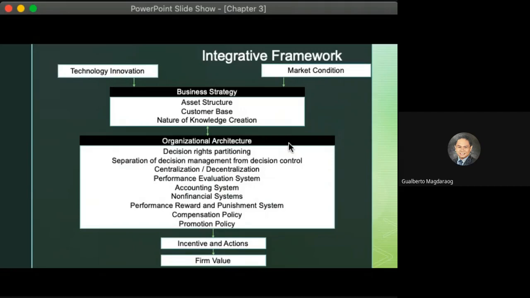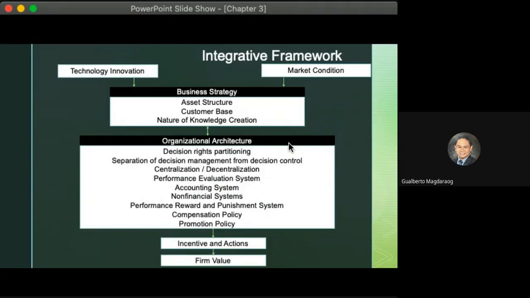So, magkakaroon din ng changes sa system mo sa accounting. So, in effect, there will be changes in your incentive and action, and of course, the firm's value, magbabago na rin yan.